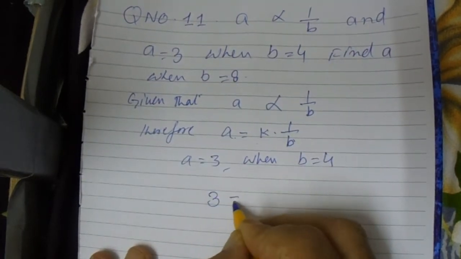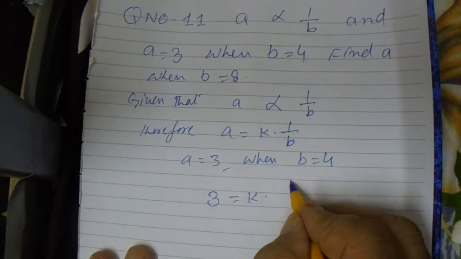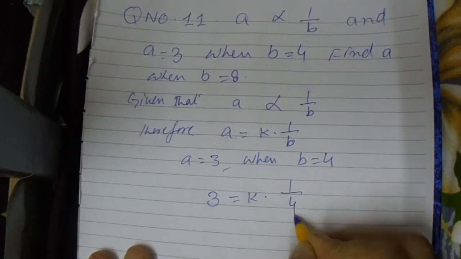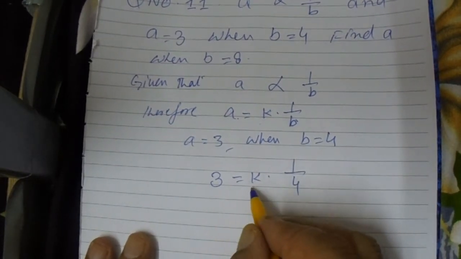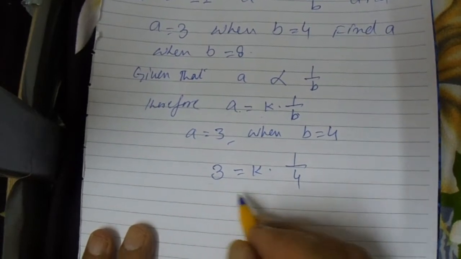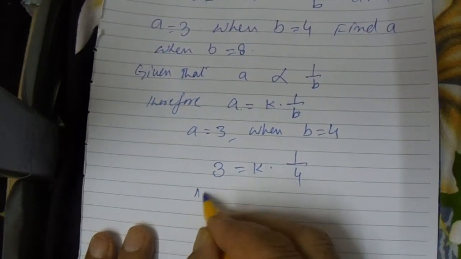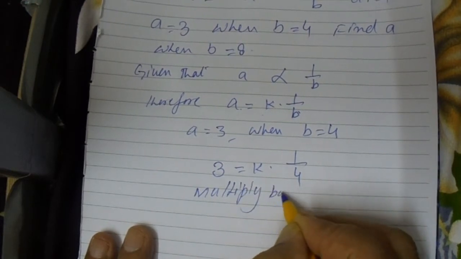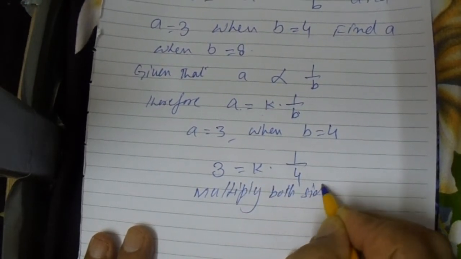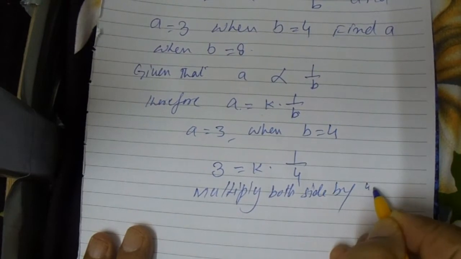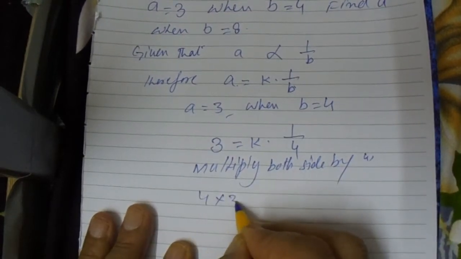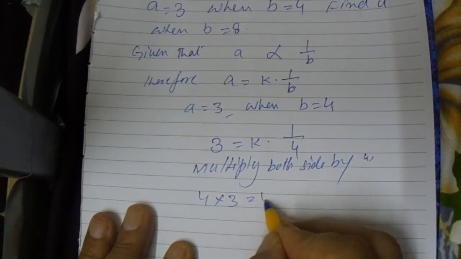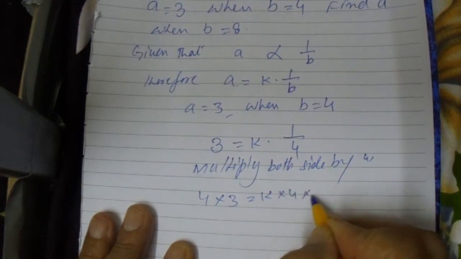Now 3 is equal to k multiplied by 1 over 4. Now we multiply both sides by 4. 4 multiplied by 3 is equal to k multiplied by 4 multiplied by 1 by 4.